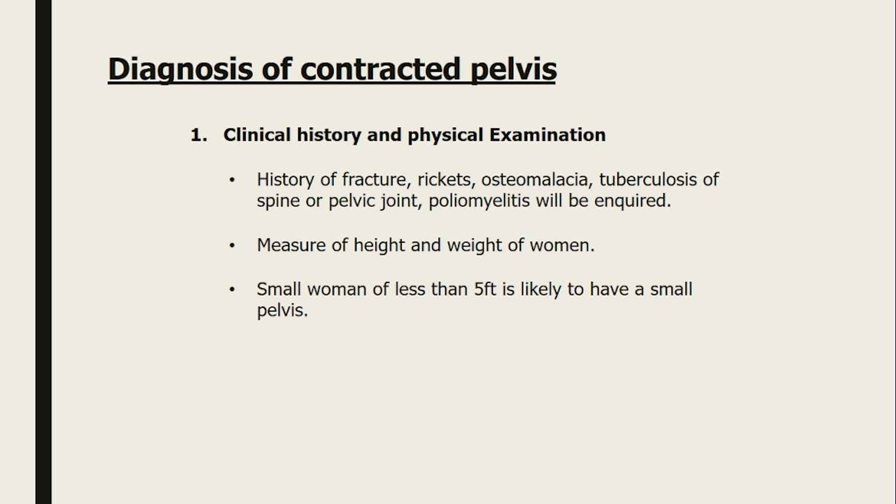And the measurement of the height and weight of women may also give you an insight as to whether a particular woman may have a contracted pelvis. A small woman of less than 5 feet in height is likely to have a small pelvis.